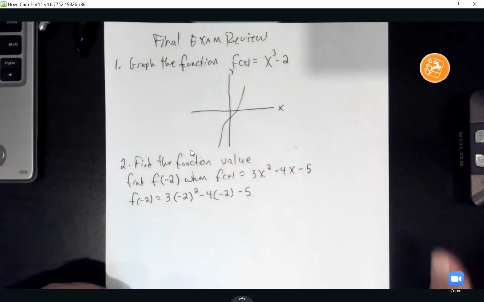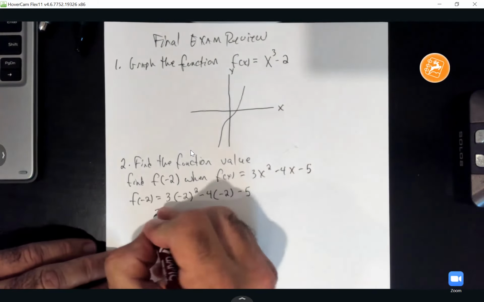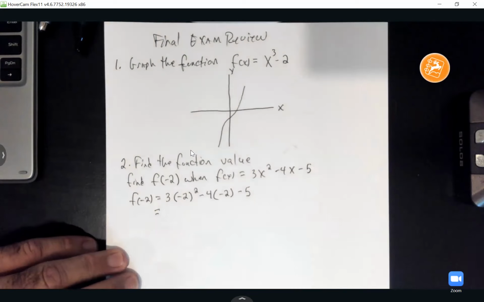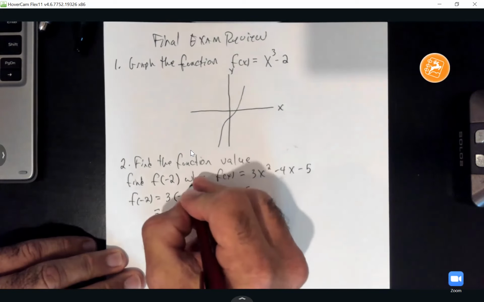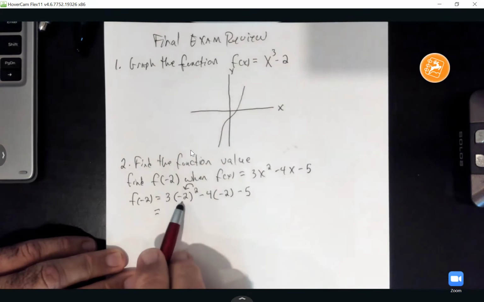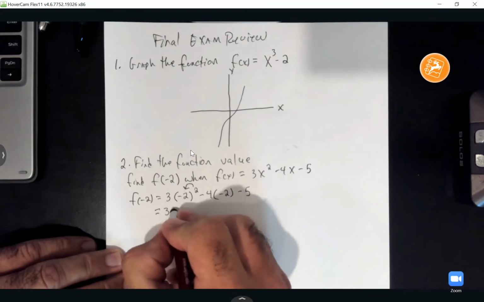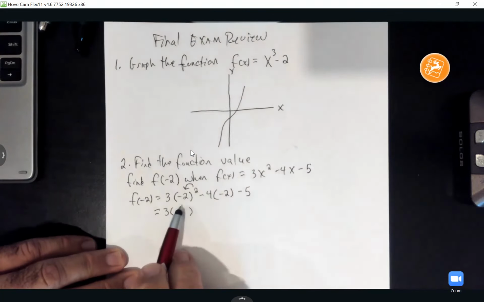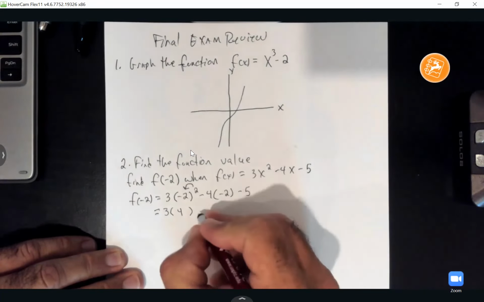Now, at that point, you could plug this in the calculator and it'll give you an answer. I'm going to work this in by hand, following order of operations. So the first thing we got to do is square that negative 2. So I'm going to bring this 3 down. And it'll multiply by whatever I get when I do negative 2 times negative 2. So that'll give me a positive 4.